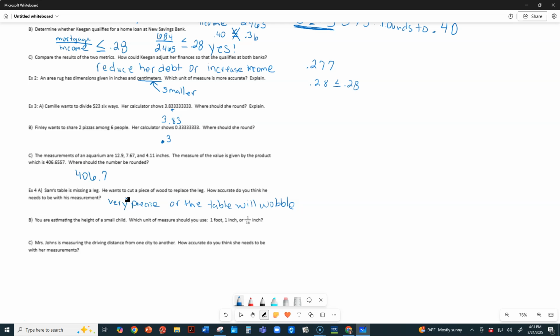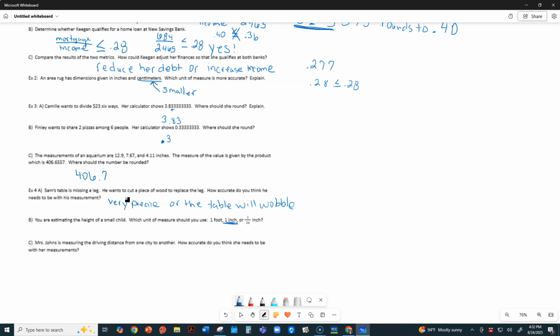You were estimating the height of a small child. Which unit of measurement would you use? 1 foot, 1 inch, or 1/16 of an inch? 1/16 of an inch is really, really small. So although a measuring tape might have it, most kids are just going to be measured with an inch.